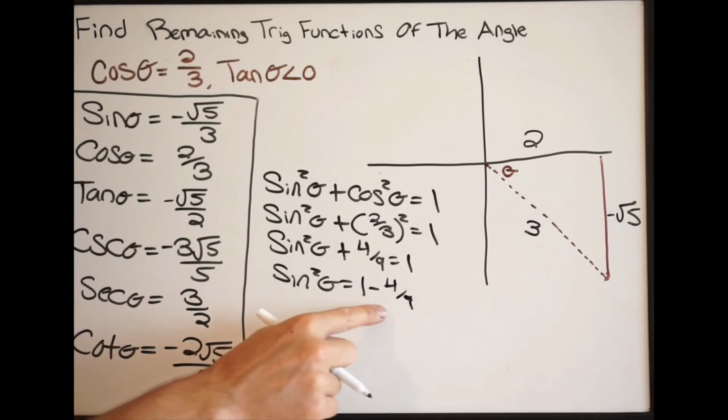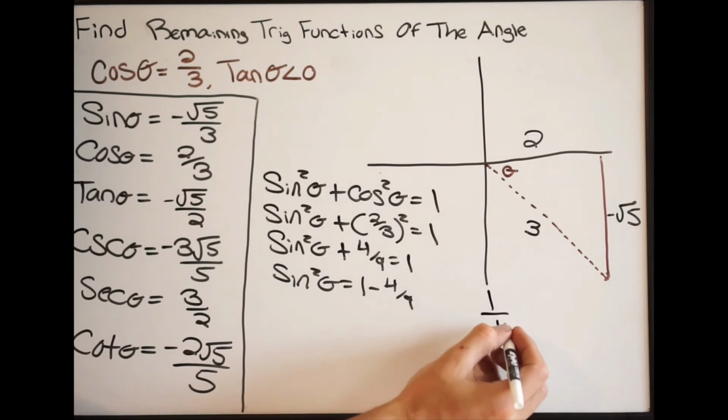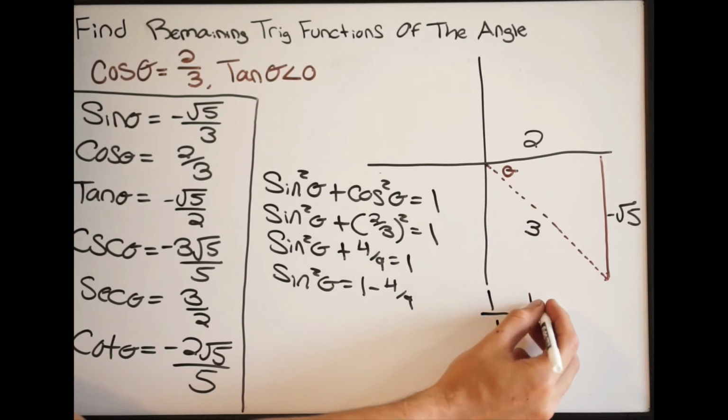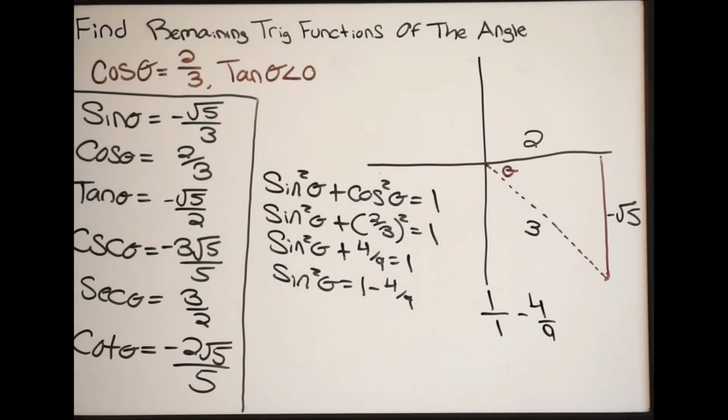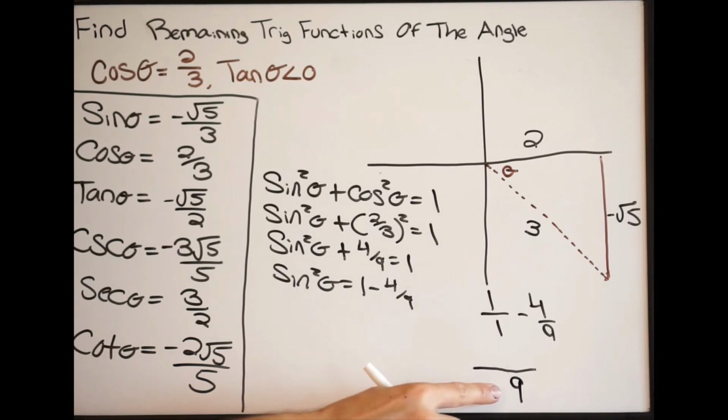All right, we want to combine these terms here, so let's do that off to the side. We have 1 over 1, just rewriting that, minus 4 over 9. So what you want to do here is get a common denominator. So to do that, we simply multiply the denominators and we get 9, right? 1 times 9 is 9. And then you say to yourself, what did you multiply this by in order to get 9?